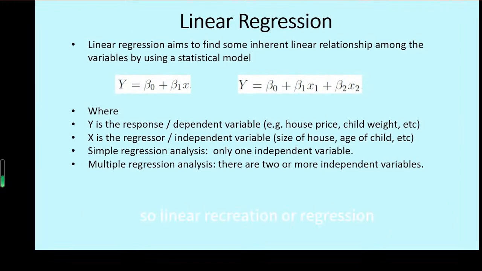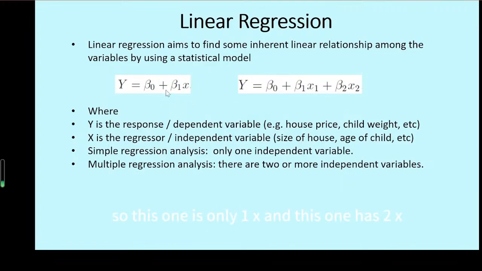In this video, we will introduce the basic ideas of the linear regression model. Linear regression, or regression, is used to find some inherent linear relationship among the variables. Here you can see y equals beta 0 plus beta 1 multiplied by x, and this equation y equals beta 0 plus beta 1 x1 plus beta 2 times x2.